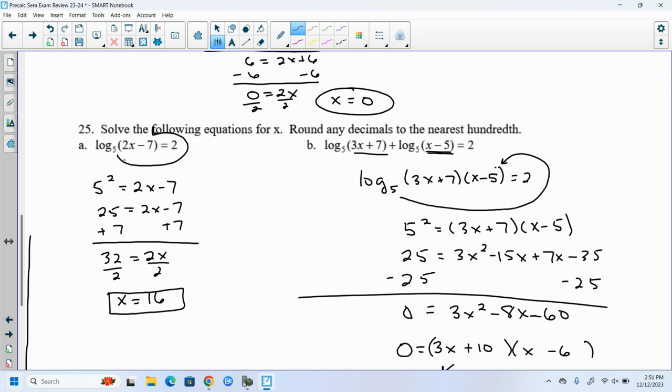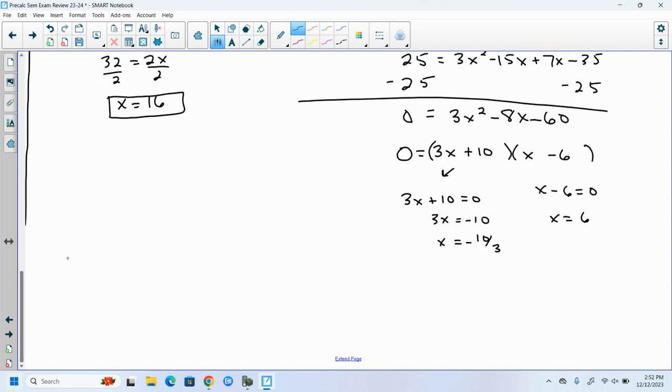And one will, the negative 10 thirds, when you plug it into this second one for sure. I actually think it'll give it to us in both. But when I plug it in there, it will give me a negative, so that means I got to throw it out. And x equals 6 will work. Negative 10 thirds will not. So I just get that single answer.